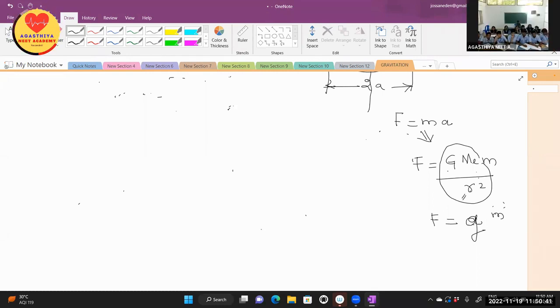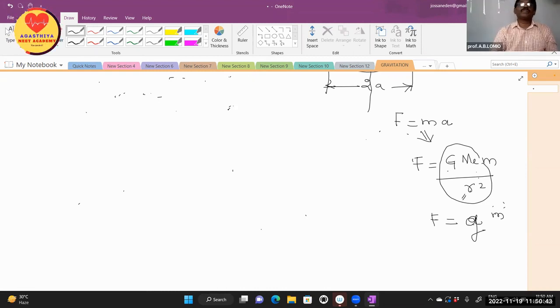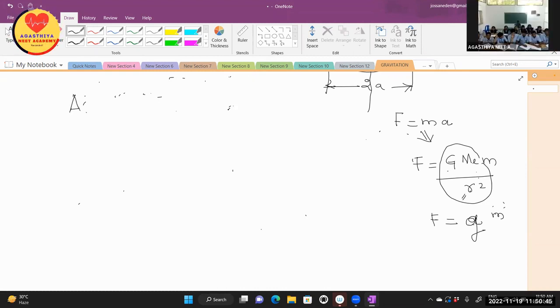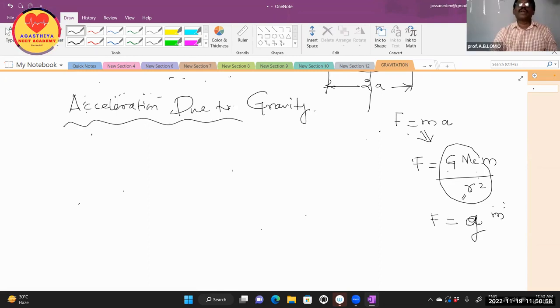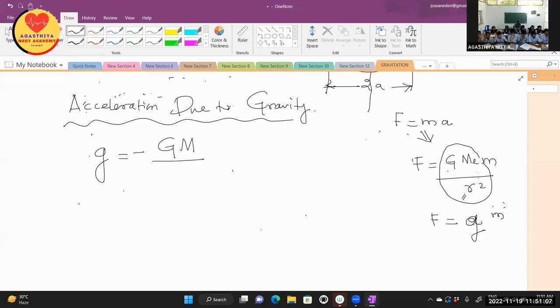Therefore, acceleration due to gravity g is equal to minus G capital M divided by R squared.